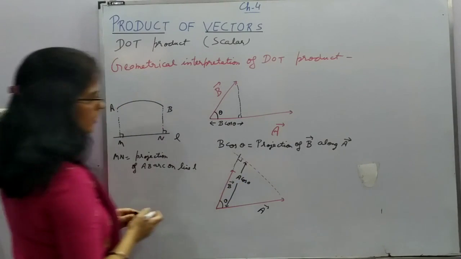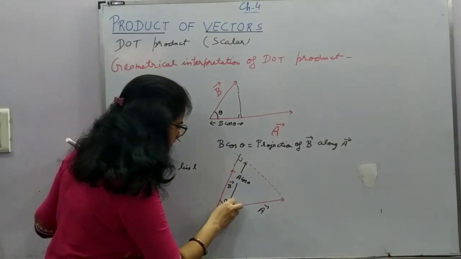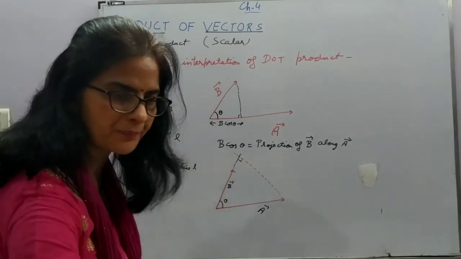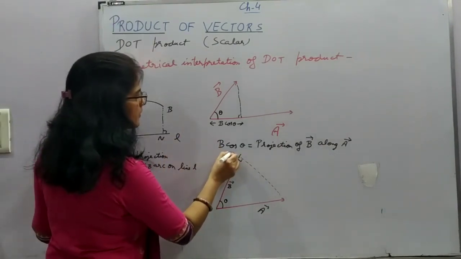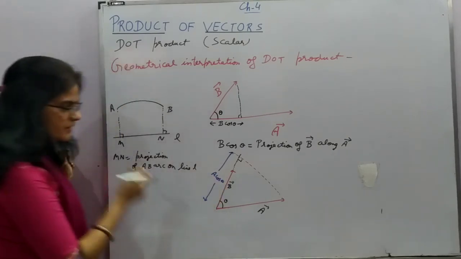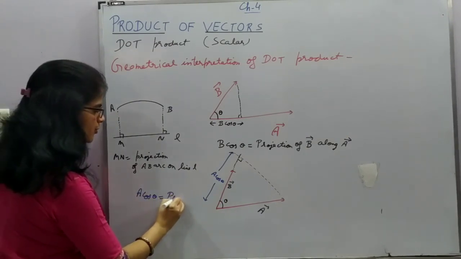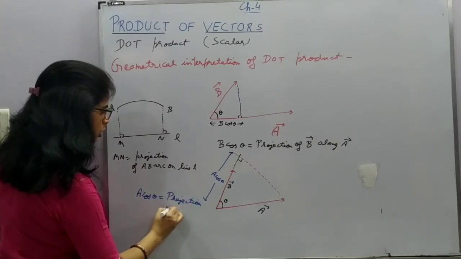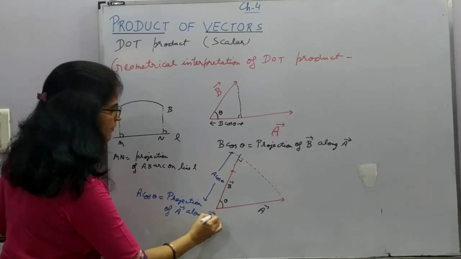More accurately, I'll have to write it on the other side. So this part is A cos theta, and A cos theta is the projection of A vector along B vector.